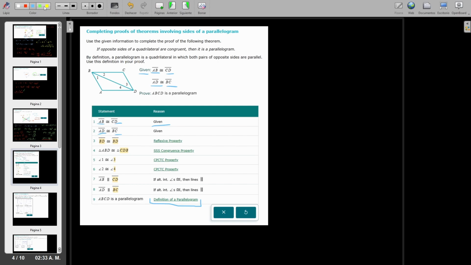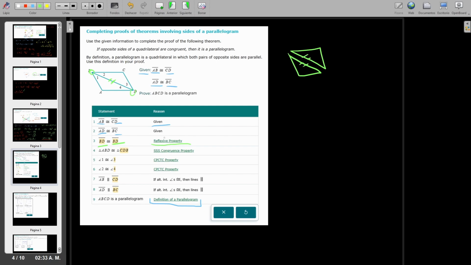Okay, now they are asking us to be proving that by something else. In this case, as these triangles are together in this part, we can put that the segments B and D are the same because of the reflexive property, because remember we can put these triangles like this, and these are the same size.